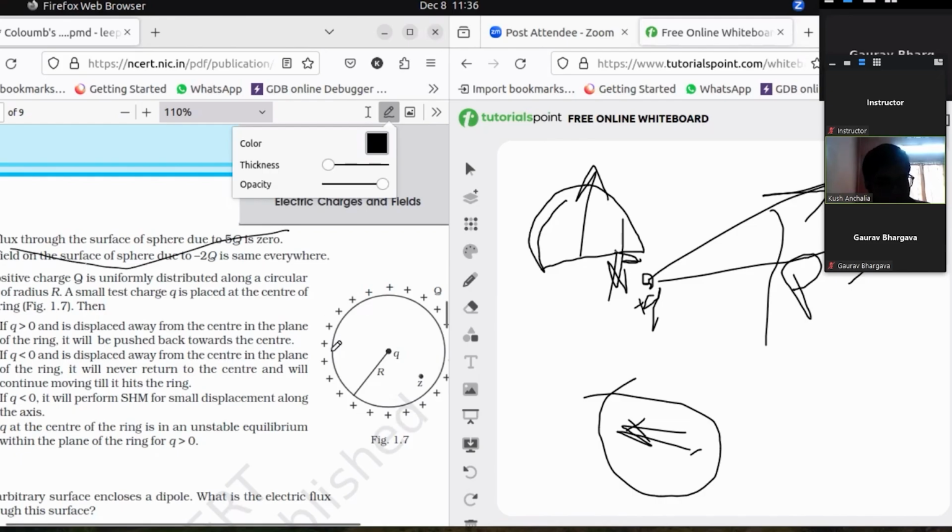Okay, if q is positive and it is displaced here, it will repel, so it will do an SHM. But if q is negative, it will attract with more force and it will just exit this loop. It will push back toward the center. Yeah, it will never return to the center. For less than 0, I don't know. For less than 0, we cannot say.